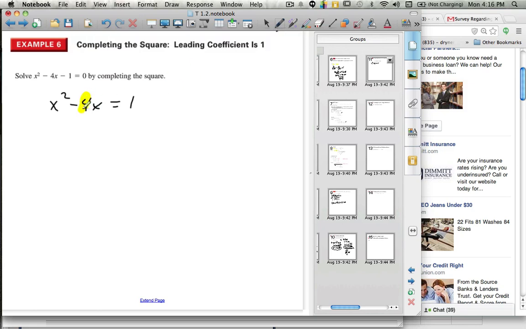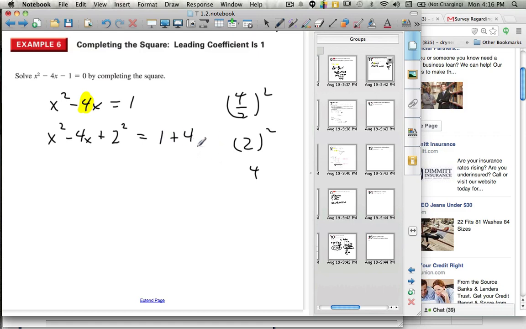and then I'm going to take this coefficient here. From standard form, it's the b coefficient. I'm going to divide it by 2, and I'm going to square it. So 4 divided by 2 is 2, and 2 squared would be 4. So I'm going to have x squared minus 4x plus 2 squared. And there's a reason I'm writing it as 2 squared on this side.